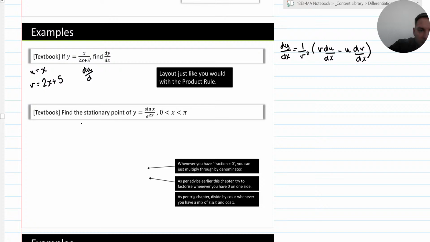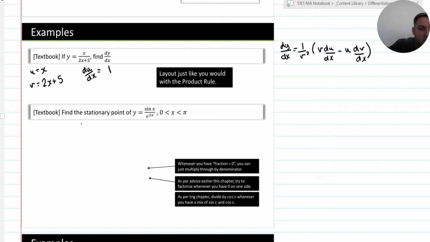What the other things that we need in this are du by dx and dv by dx. So let's write down what they are first. du by dx means we're differentiating u with respect to x. This part over here is the u. So if we differentiate this with respect to x, the differential of x is going to be equal to 1, like so.